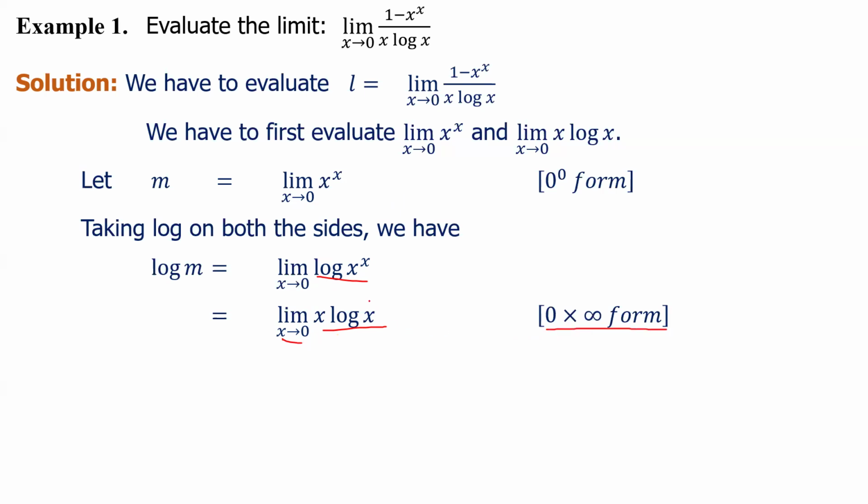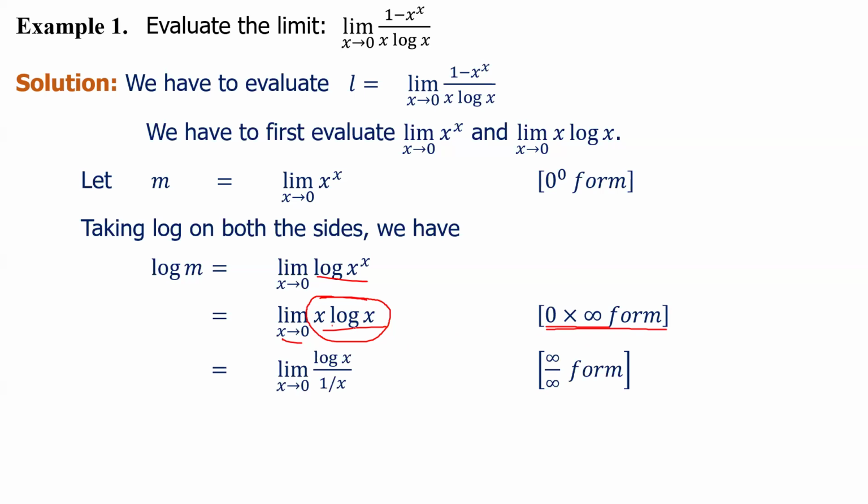Now, if we want to find its value, we will use the L'Hospital rule. But if it is in the form of 0 into infinity, we are not able to use the L'Hospital rule. For this purpose, we have to convert this into either 0 by 0 form or infinity by infinity form. So can we write like that?